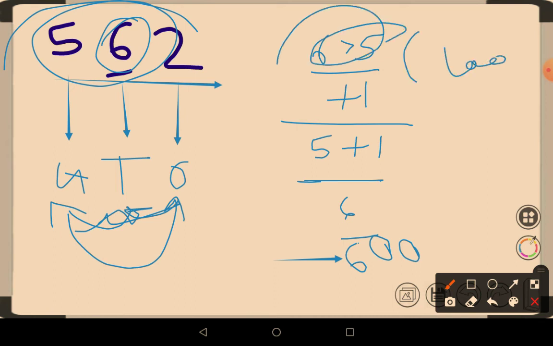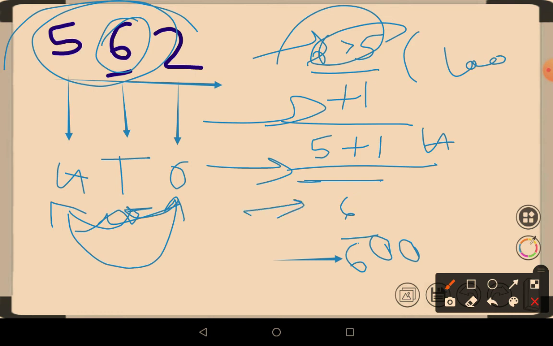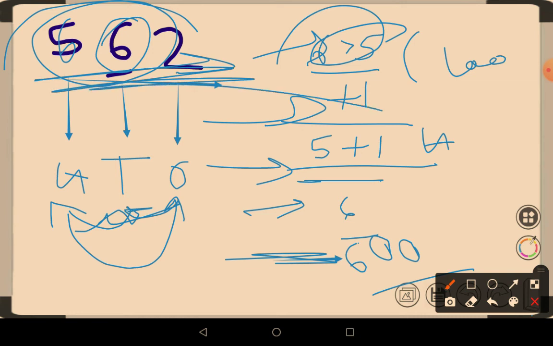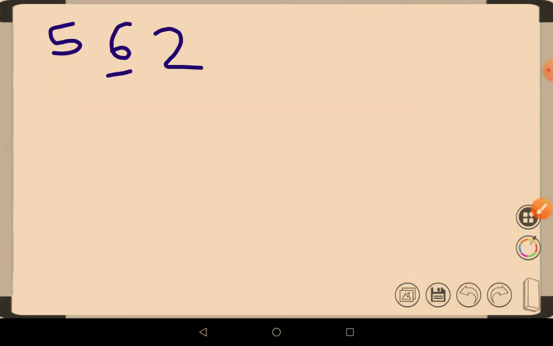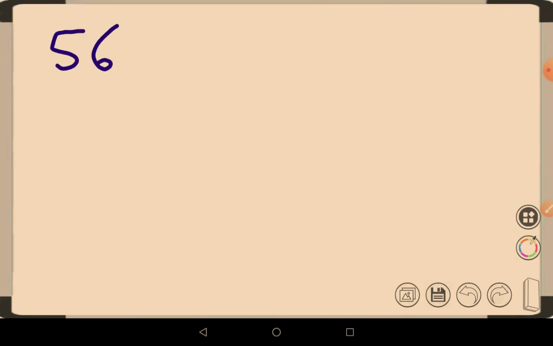First I recorded this, second I added 1. Then 5 plus 1 gives me 6 in the hundreds digit. Then I recorded the rounded answer, and it gave me 600 because the other numbers will be 0. So what's my answer to this question? It's 562.